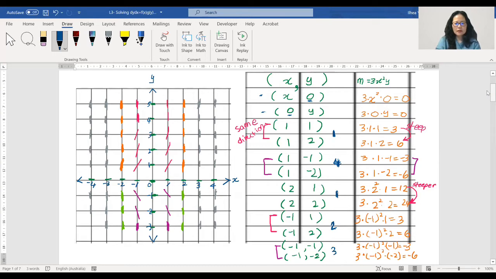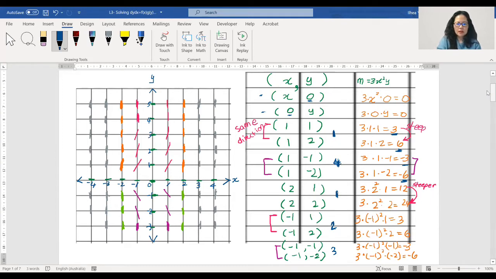Now it's not going to be the same direction and same steepness all the way through even when the x value is the same. If you see the first quadrant and fourth quadrant, they have x value equals 1 all the way. But when x equals 1, with y equals 1 and y equals 2, it is going to be steeper.